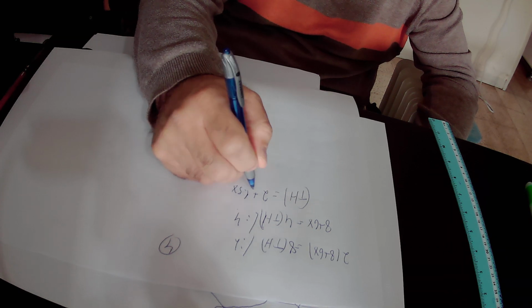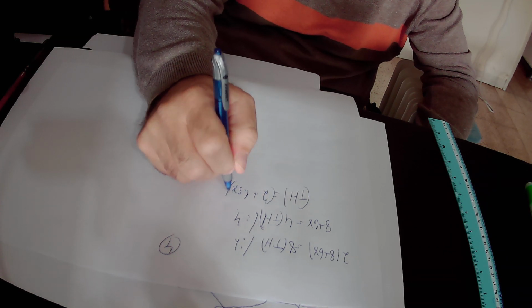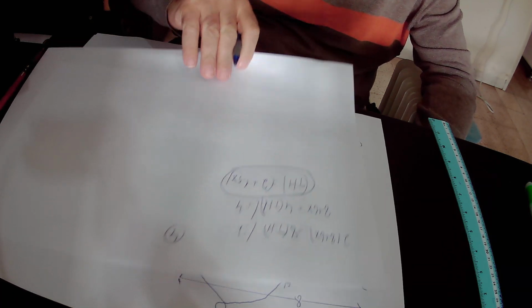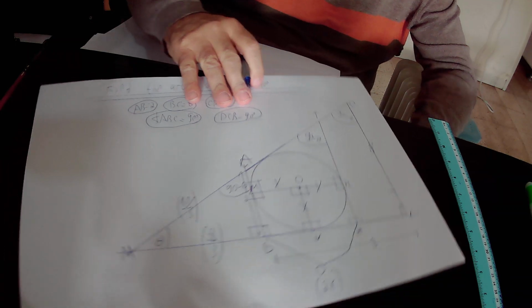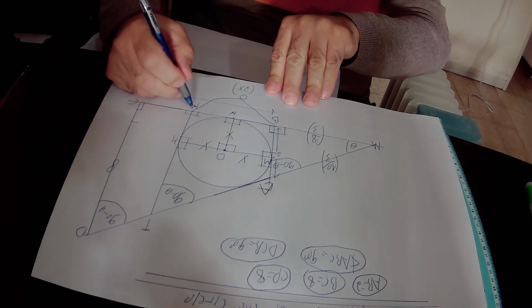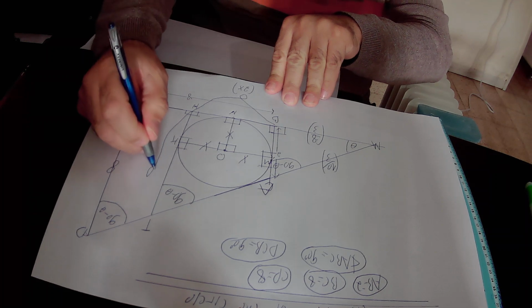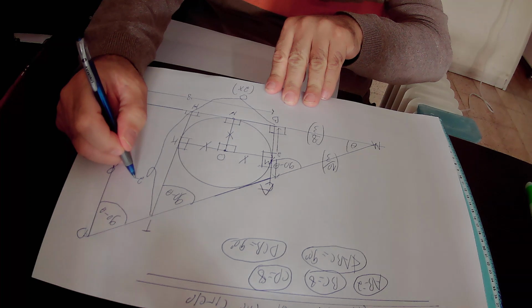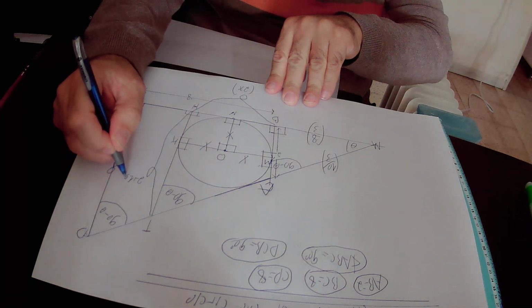So in total, the length of line segment TH equals 2 plus 1.5x. We can write down here that the length of this line segment TH is equal to 2 plus 1.5x.